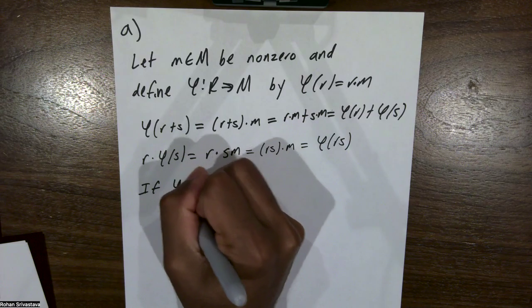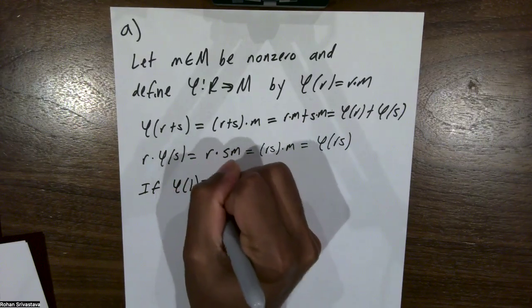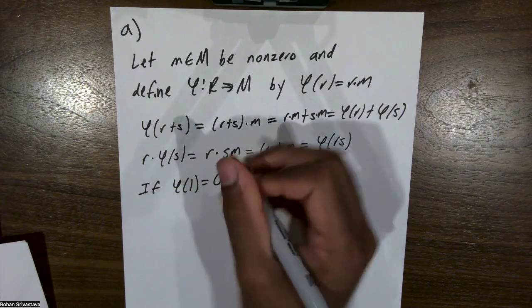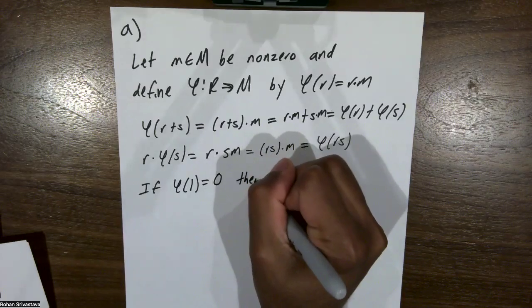And moreover, if phi of 1 is equal to 0, then what does that mean?